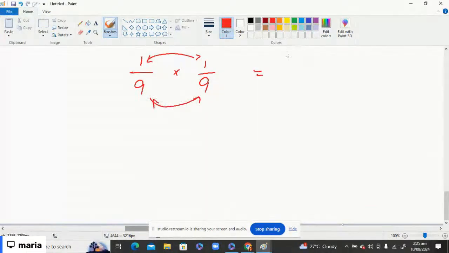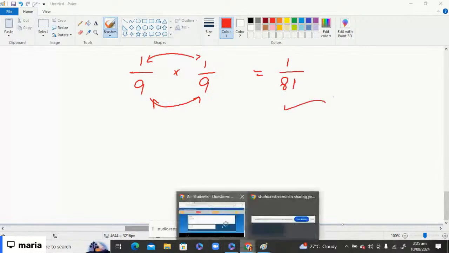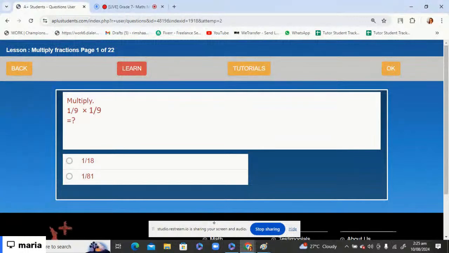So 9 times 9 is 81. So this is 1 over 81. Let's check, is there any option for 81? The first one is 1 over 18 and the second one is 1 over 81. So what's the right answer? 1 over 81. Let's go with it. Are you sure? We're going to move with this one.